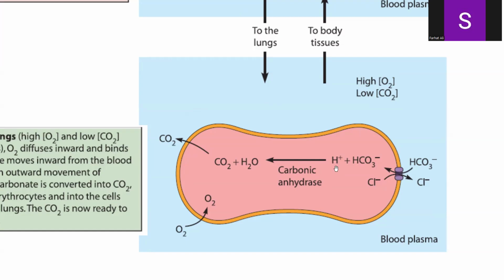In this reaction, protons are shown, but protons are not the only positive ions. There are other positive ions like sodium, potassium, and others present in the red blood cell as well. So one function is to regulate the electrical neutrality. That is, the total number of negative ions should be equal to the total number of positive ions.